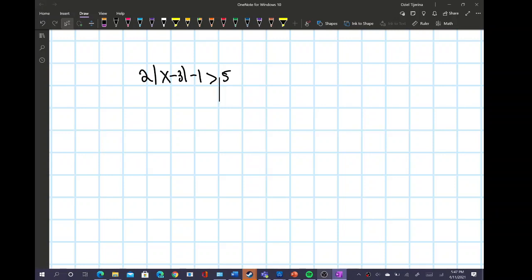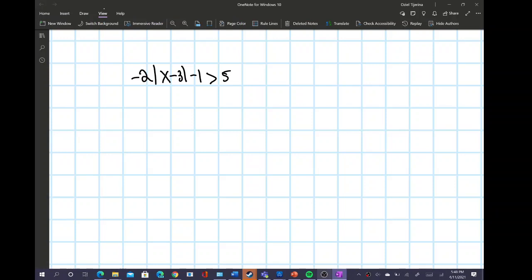Or let me actually do -2, that's better. -2 times the absolute value of x minus 3, minus 1, is greater than 5. So right off the bat, I see that there is no real solution. It cannot be greater than 5. And I will tell you why.